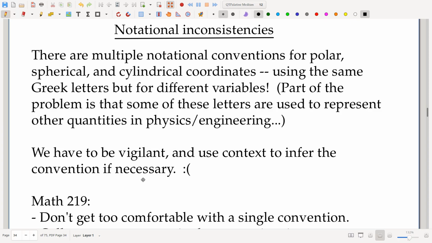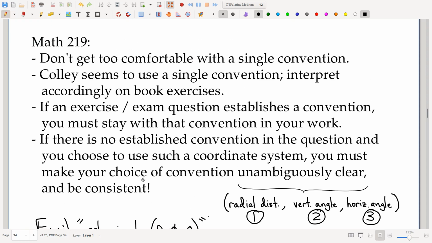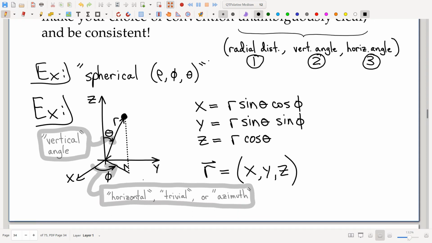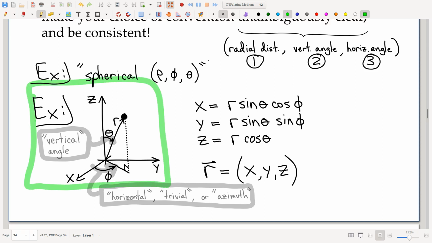Okay, so now, I'm going to come back and talk about all that stuff, but I want to show you specifically what you are likely to see elsewhere. So this right here is a picture of another very, very common choice. You'll notice that what we have typically previously called rho, in this convention is called R, which is not only not the same letter, but it's the letter we use to represent something else.